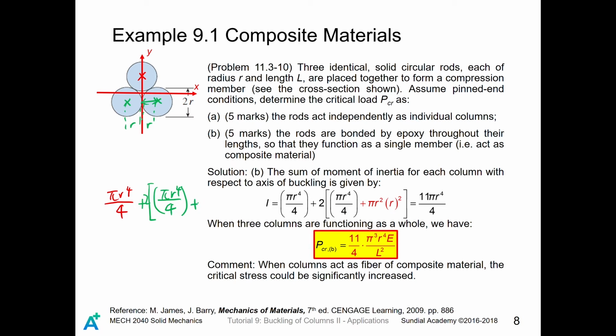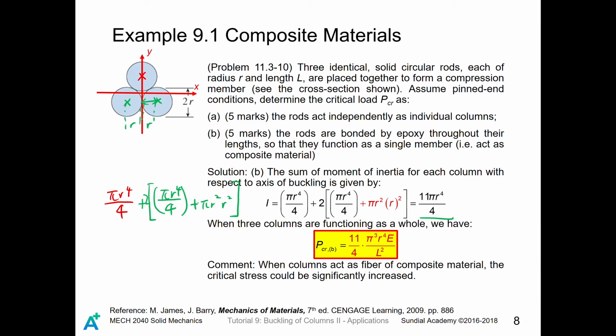The area for each of them is πr², and the distance is r. So eventually, the moment of inertia of those three circular rods combined is 11πr⁴/4.